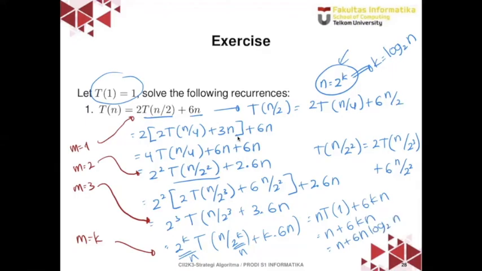And of course, it is less than or equal to n log 2 n plus 6n log 2 n for n at least 2, right? So we know that this is in big O of n log 2 n.